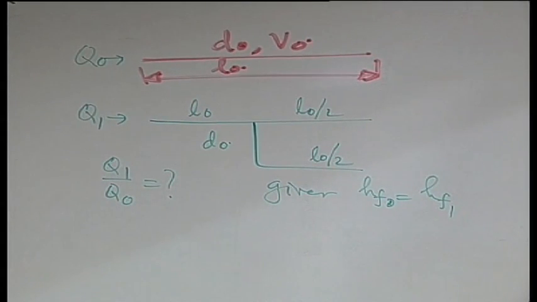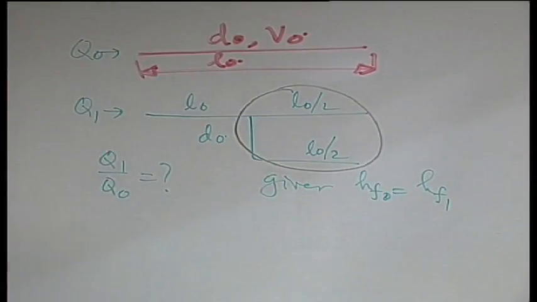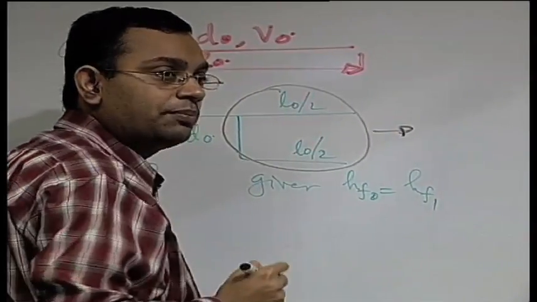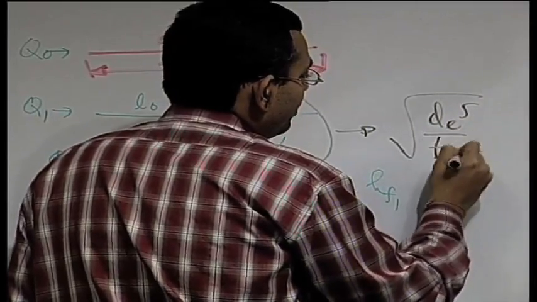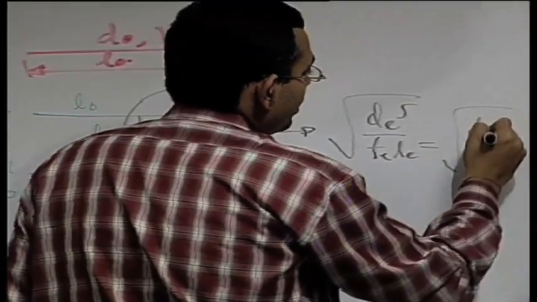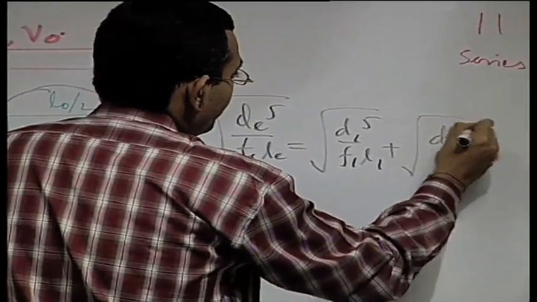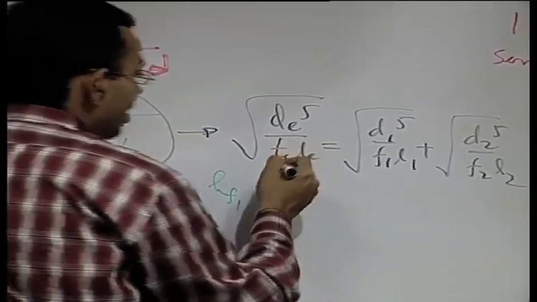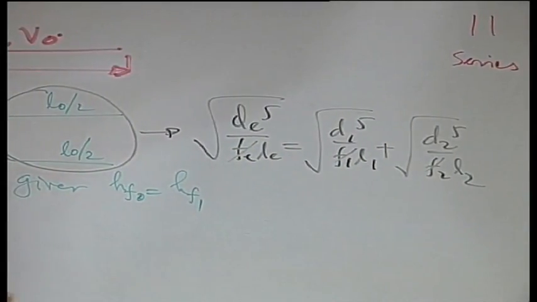The only thing is you replace this by an equivalent pipe. These are two pipes in parallel. So, root over d to the power 5 by F L equivalent is equal to root over d1 to the power 5 by F1 L1 plus root over d2 to the power 5 by F2 L2. Here all F's are the same. Let us consider that the equivalent friction coefficient is also the same.